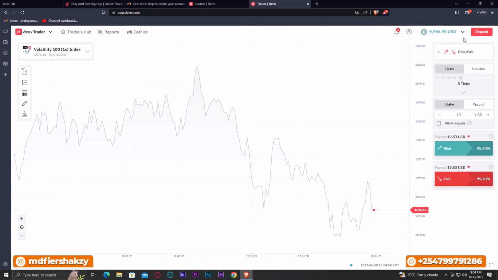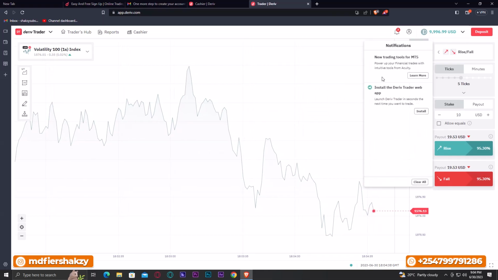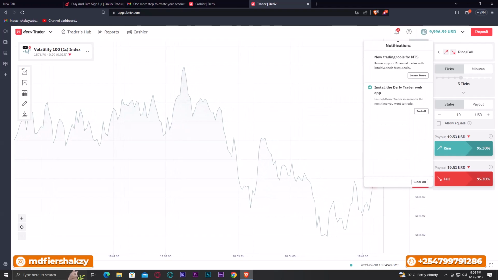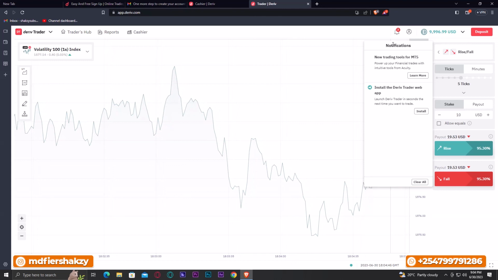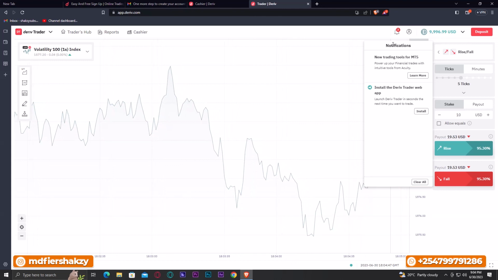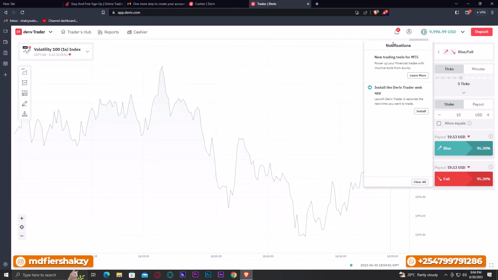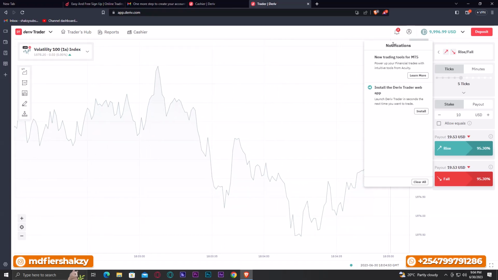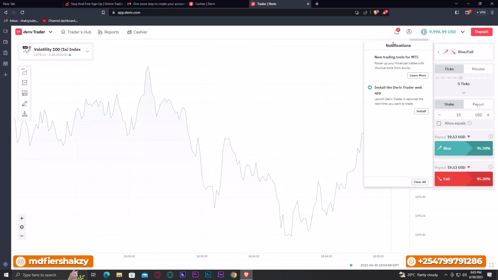When you add the account, you see I told you guys on the notifications here, you will get a message to verify. On the verification, you can upload. The best thing, if you have a KRA document, always upload the KRA document.